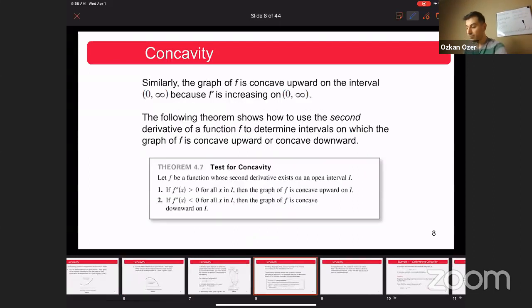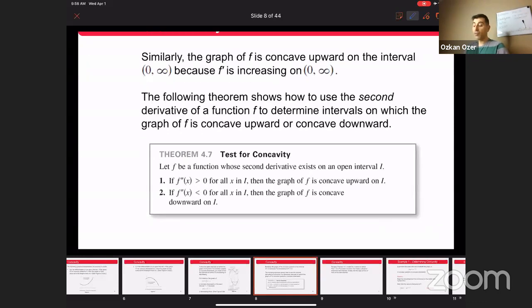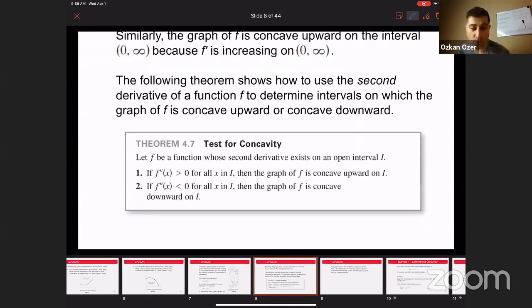And here is the official test to check for concavity without looking at the graph of the function. All you need to know is the second derivative of the function, and you want to make sure that the second derivative exists on an open interval. All you're going to look at is the sign of f double prime.